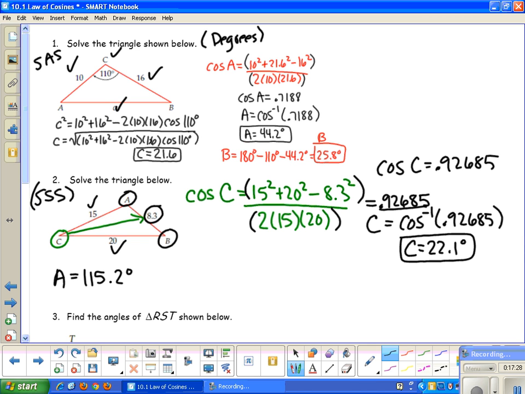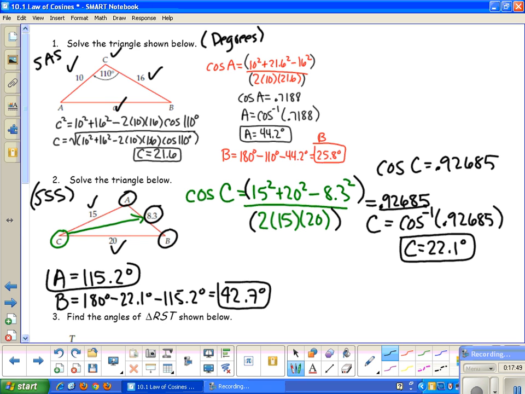And I know that B is going to be equal to 180 degrees minus 22.1 degrees minus 115.2 degrees, which is equal to, in this case, 42.7 degrees. So make sure you can find those on your own.